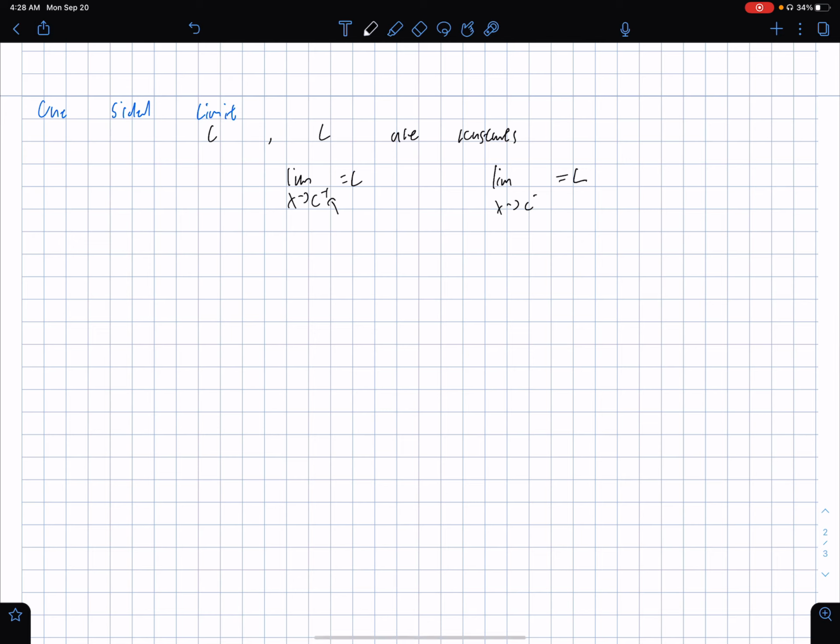The plus means you are approaching from the right side, and the minus means you're approaching from the left side.